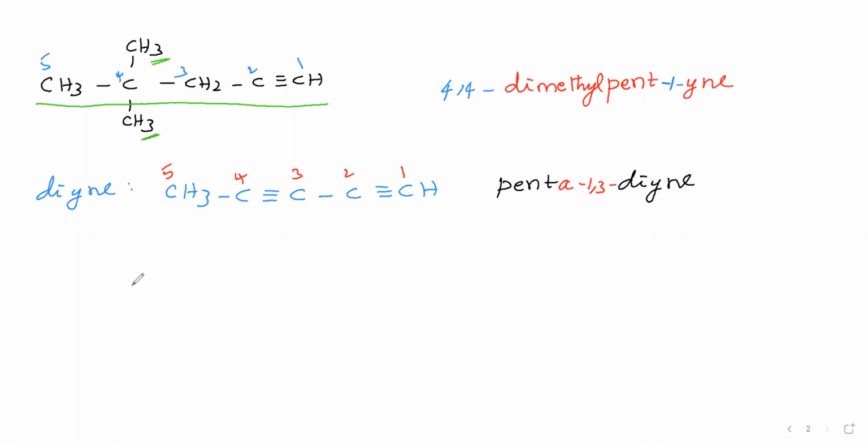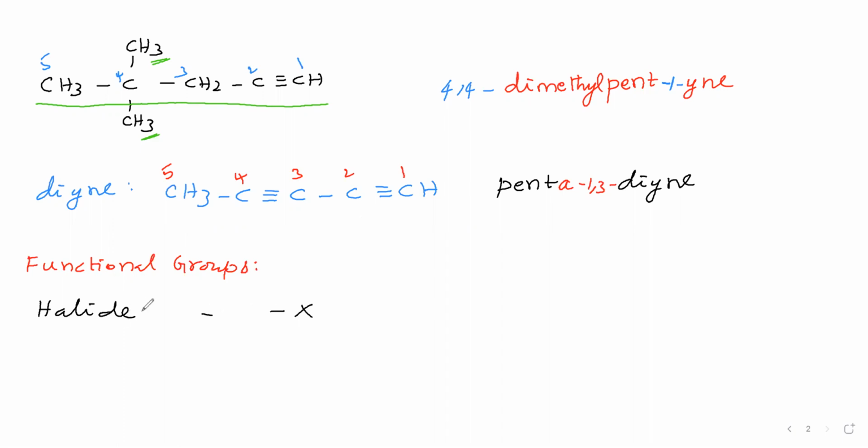Now we will take an example: halide. This halide is generally represented as X. X can be F, Cl, Br, I. In place of X we can use fluorine, chlorine, bromine, iodine.